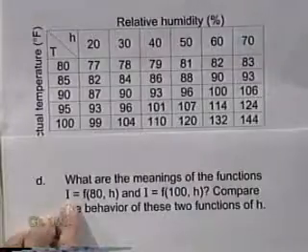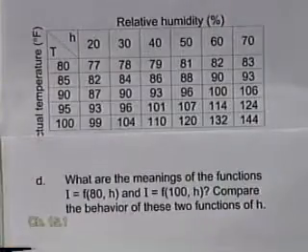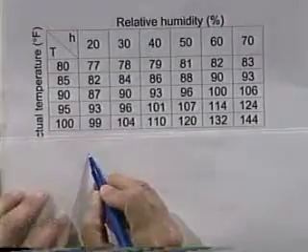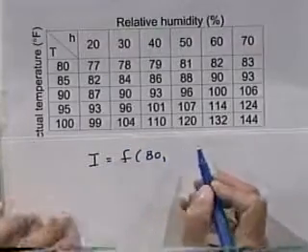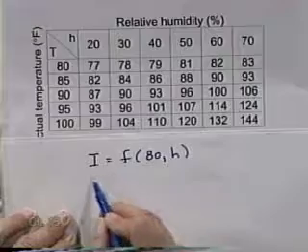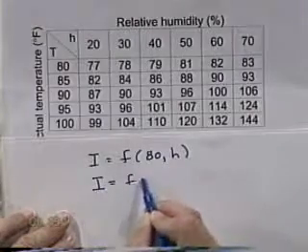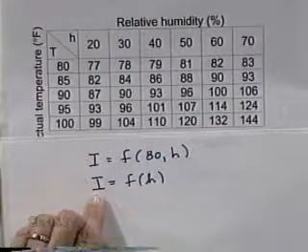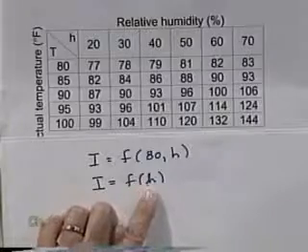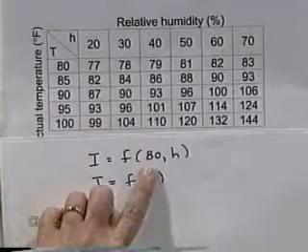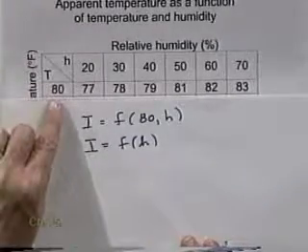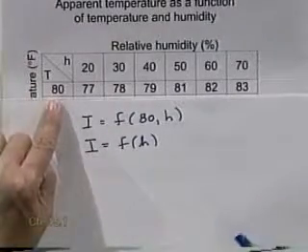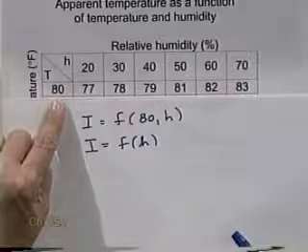So let's look at the first one, I equals f of 80, h. Notice, for this particular case, the index is really only a function of the humidity. Do you all see that? Because we're told that the temperature is 80. So if I slide up here, the temperature is given at 80, it's fixed at 80.